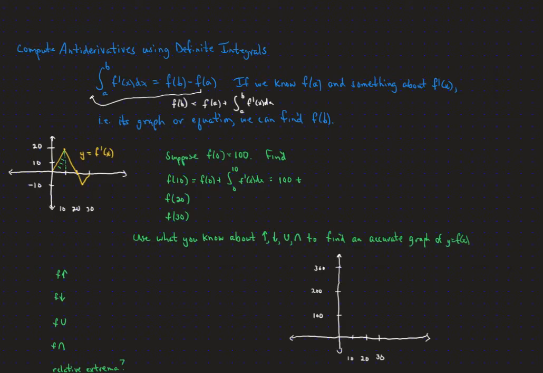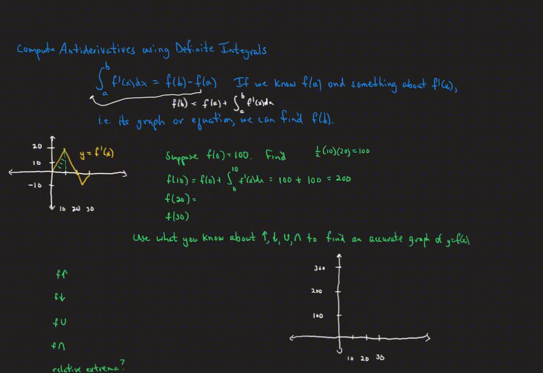So using our area argument here, that's 1/2 base, which is 10, times the height, which is 20. So that's going to be 100. So we're going to add that integral from 0 to 10, which is 100, to the f of 0, which was 100, and that's going to be 200.